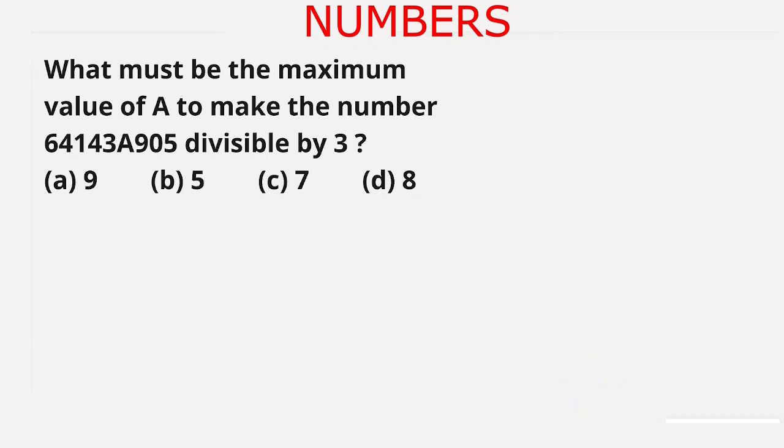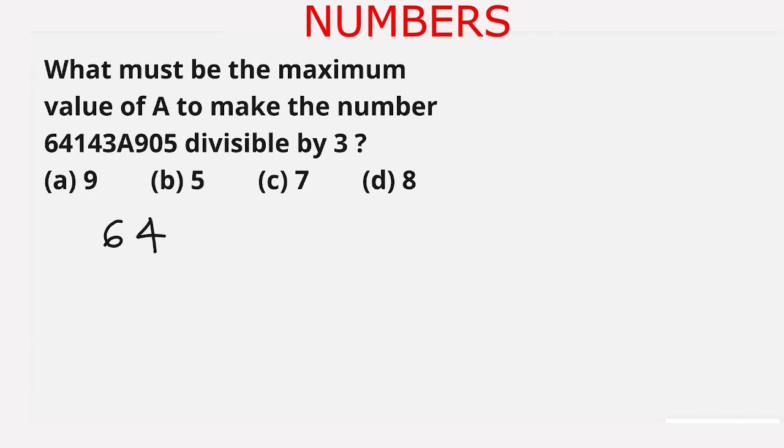We know the divisibility rule of 3, which is if the sum of the digits is divisible by 3, then the number is divisible by 3. So we write the number, and I will give you the idea of solving the question very fast.